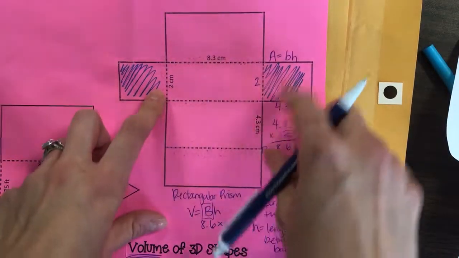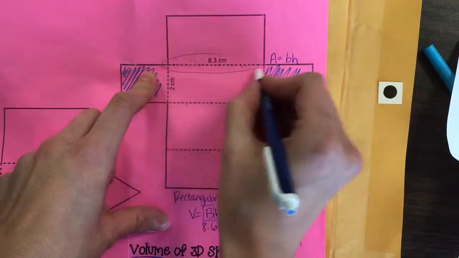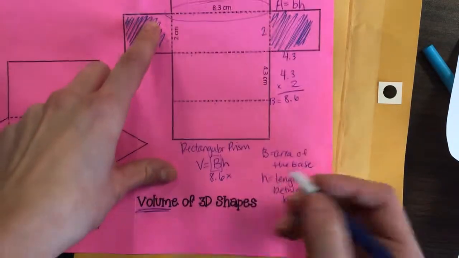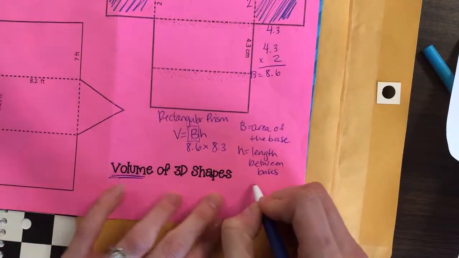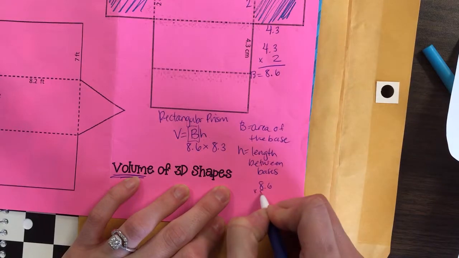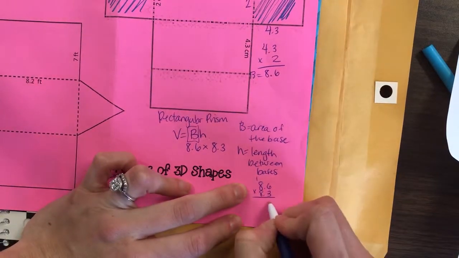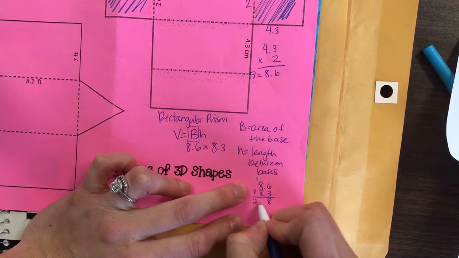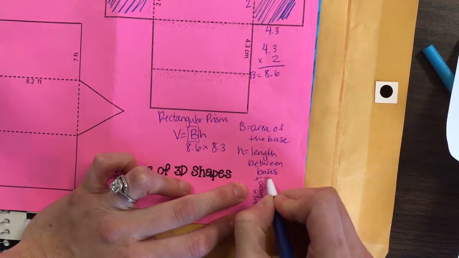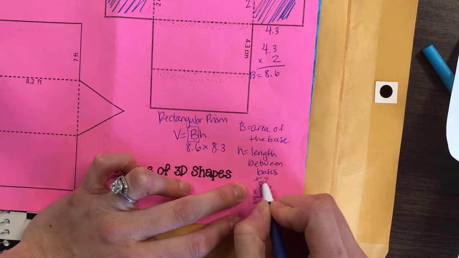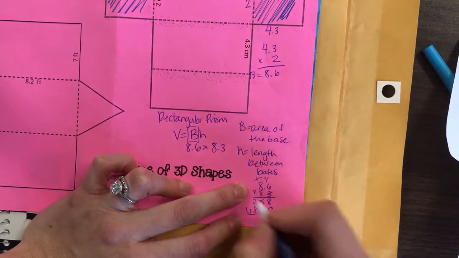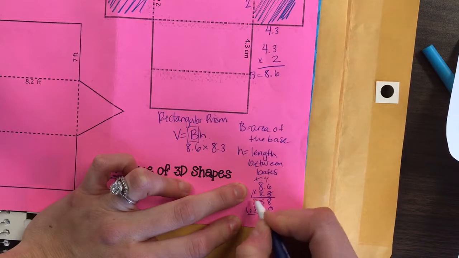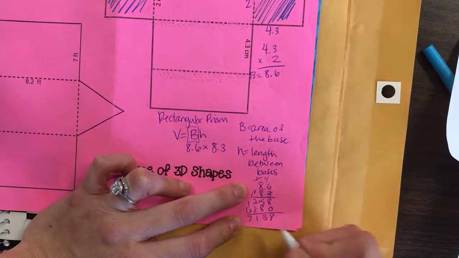So if I look back up at this net, I got my two bases. Well, what's the length connecting those two? 8.3. So 8.6 times 8.3. So let's work this out. 8.6 times 8.3, 6 times 3, I got 18, 24, 25, 48, 64, 65, 67, 68, sorry. 15, 8, 9, 10, 11, and 7.